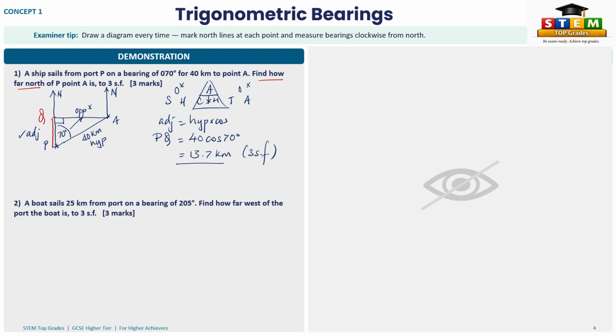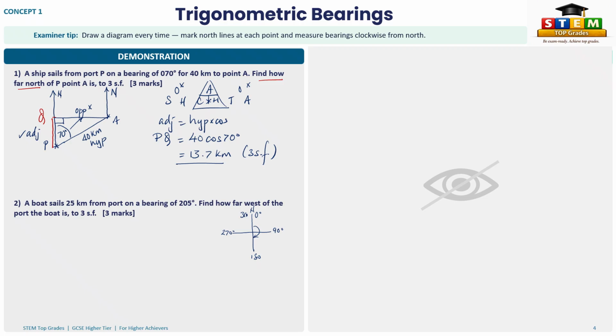Now in question 2, a boat sails 25 kilometers from port on a bearing of 205. Just as a reminder, we are measuring clockwise from north. So that's 0 degrees, that's 90 degrees, that's 180, and that's 270 degrees, and finally you've got 360 degrees.